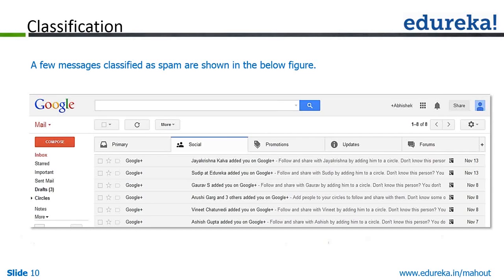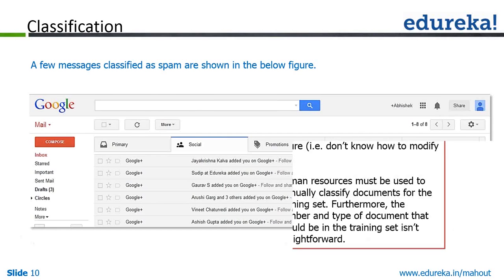Primary is where your regular emails come, and promotional is some sort of ad from Amazon or, for example, from Edureka. So those go on the promotional side, and if it is not falling into these categories, it is part of spam. That's how they calculate it.